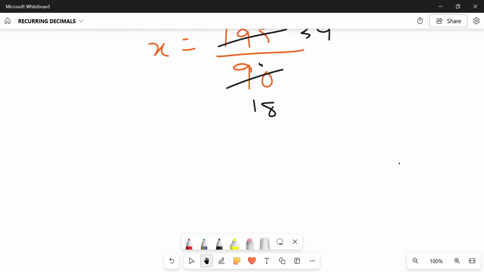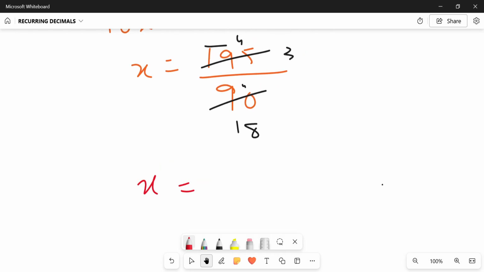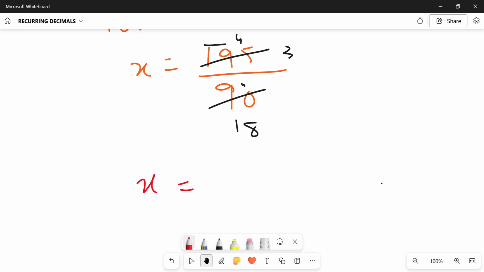Now I'm writing x equals, here we are left with 39 over 18.